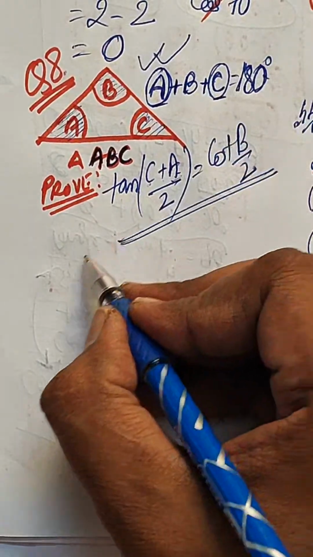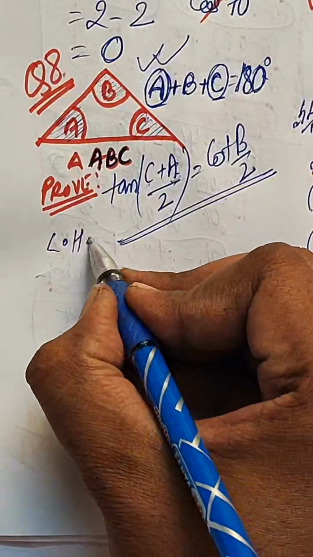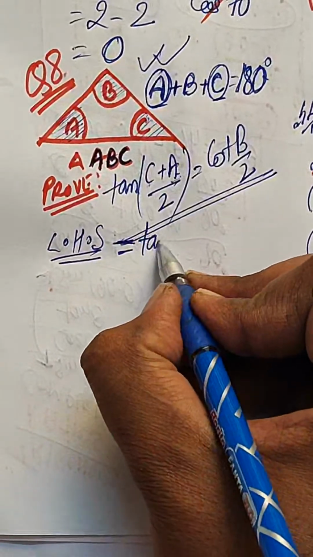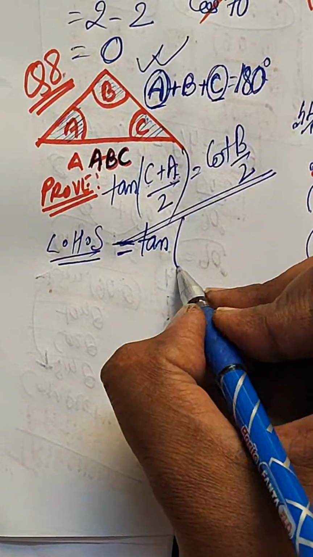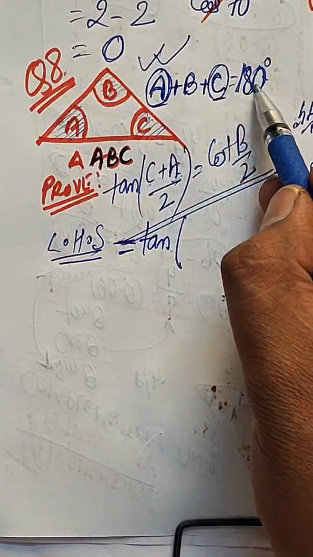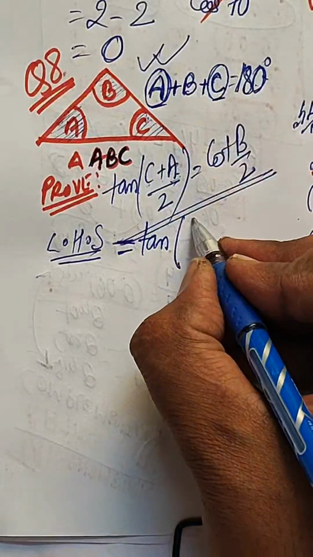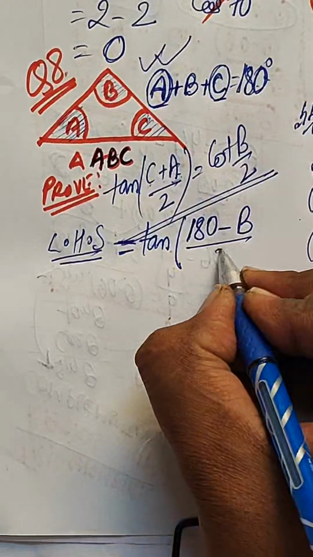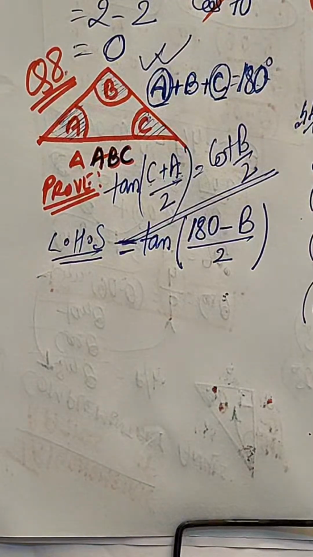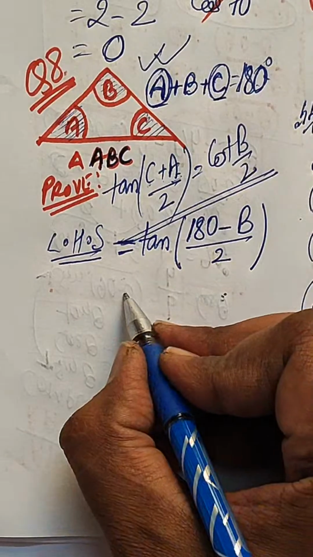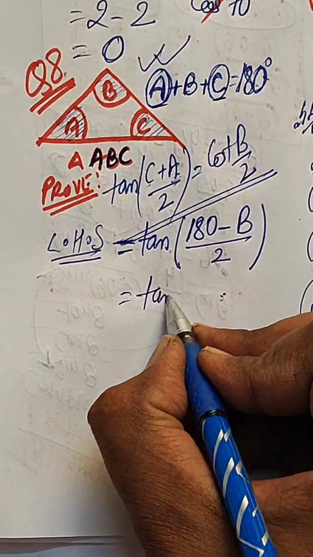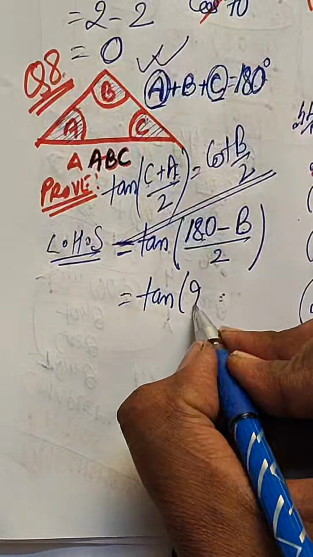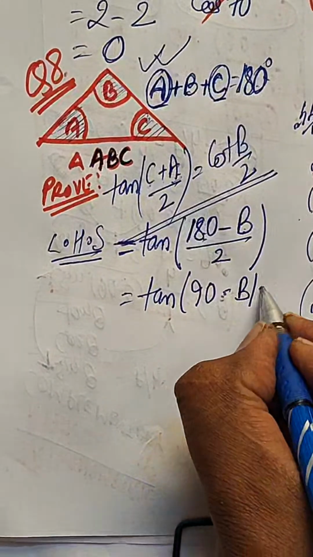So we can write LHS as equal to tan of C plus A, which can be written as 180 minus B, whole divided by 2. If you divide both the terms inside the bracket separately, you get tan of 90 minus B by 2, isn't it?